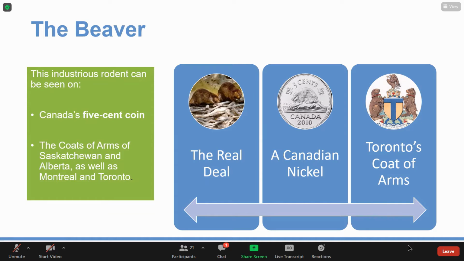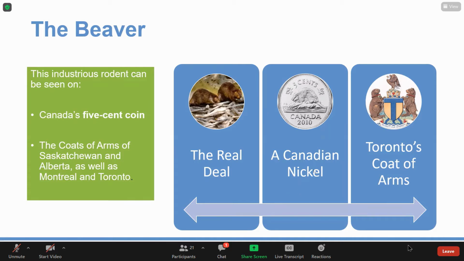So there was a point when it was almost extinct because of the trading. And then what happened was that in Europe, the fashion changed. I think they started going to silk and fabric. And so the hunting became less, luckily, and the population grew back. So the beaver, you can see it on the Canadian nickel.